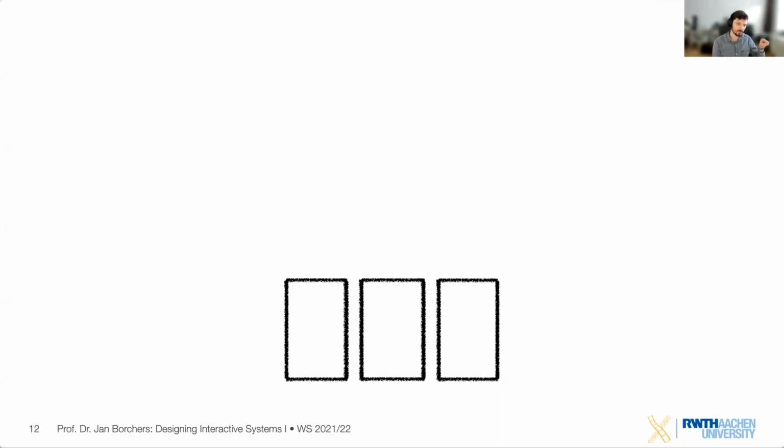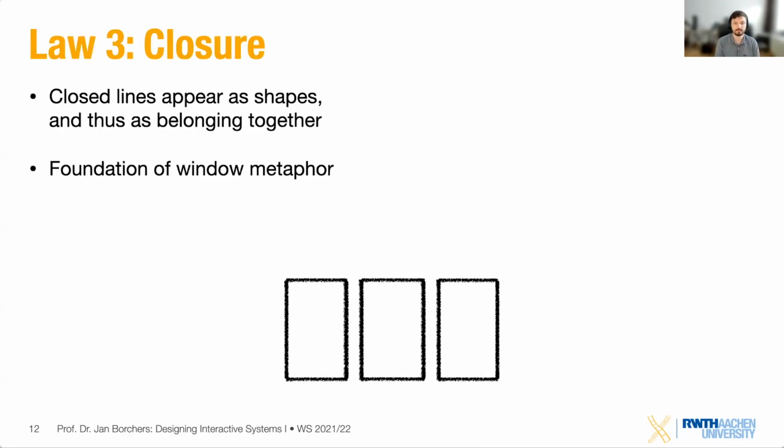The fact that those 4 lines form a shape, the rectangle, we perceive those 4 lines as belonging together, although we also have lines which are close to each other, which would be grouped together if we only had the law of proximity. And this Gestalt law is the Gestalt law of closure. So closed lines appear as shapes and thus belonging together.